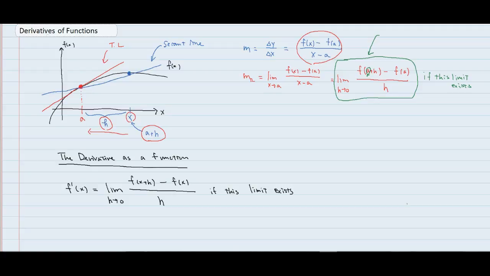So that's why you have this variable x left in this expression. So f prime of x, that's the notation for the derivative of f as a function, and the definition is essentially the same thing as the earlier definition. However, you do have the value a replaced by the variable x.